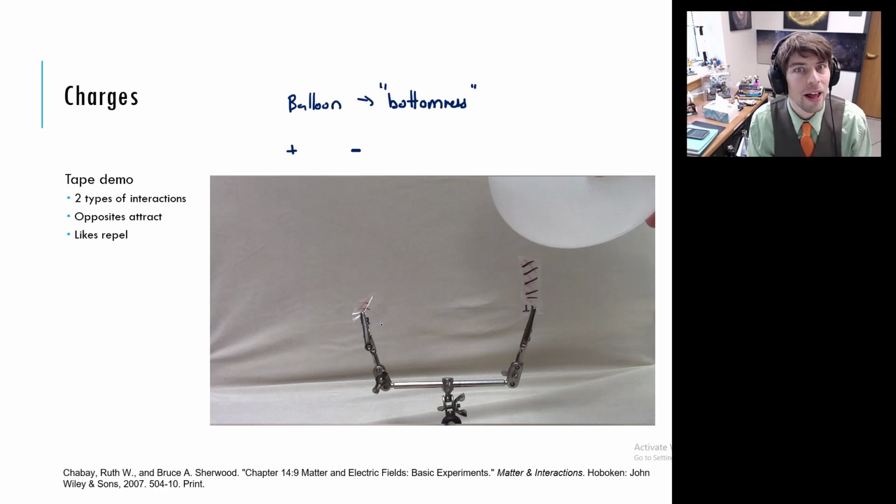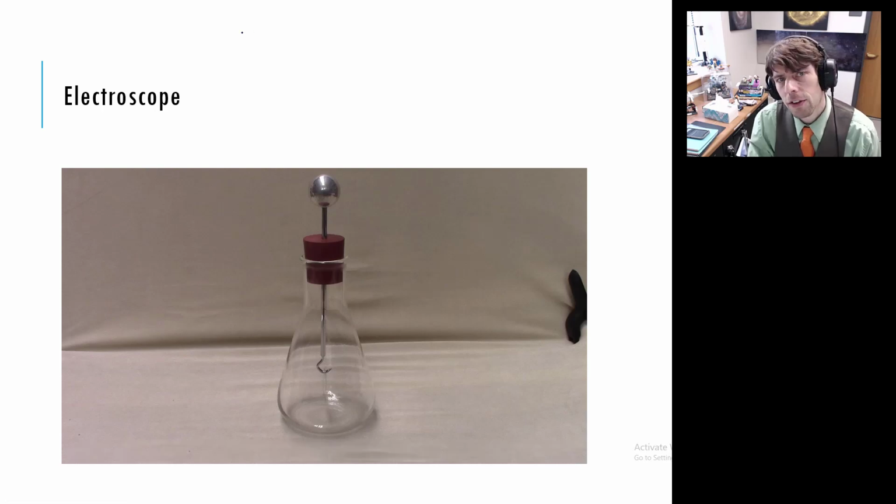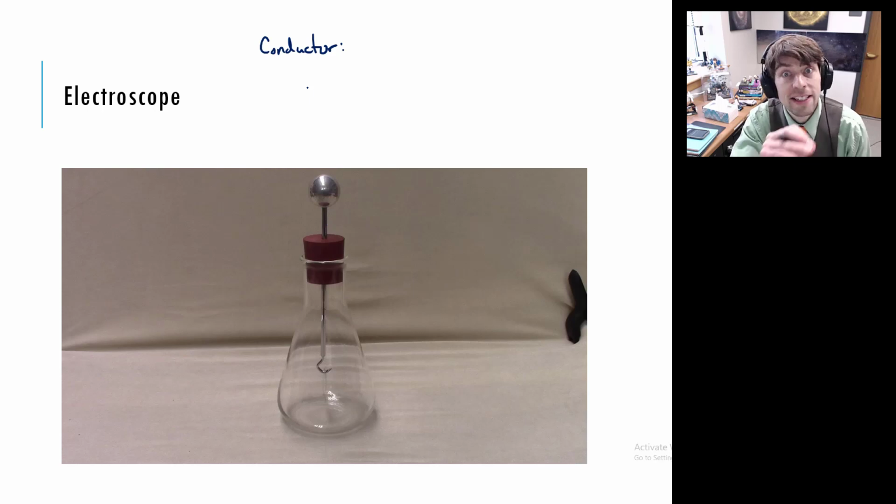One of the historical apparatuses is called an electroscope. And the property that I need to discuss real fast is conductor. When we say that a material is a conductor, what do we actually mean? Go ahead, take a second, pause the video, see if you can come up with a material.